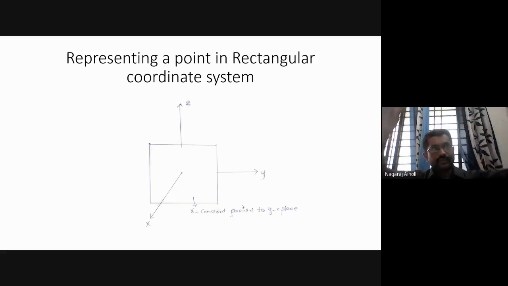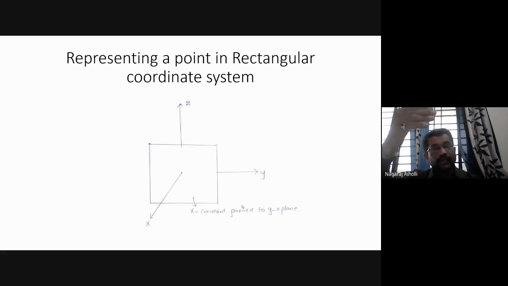If you consider it as a closed room, all four walls closed, then the left wall will be your x plane. The bottom surface, the floor, will be your y plane, and the front wall will be your z plane.